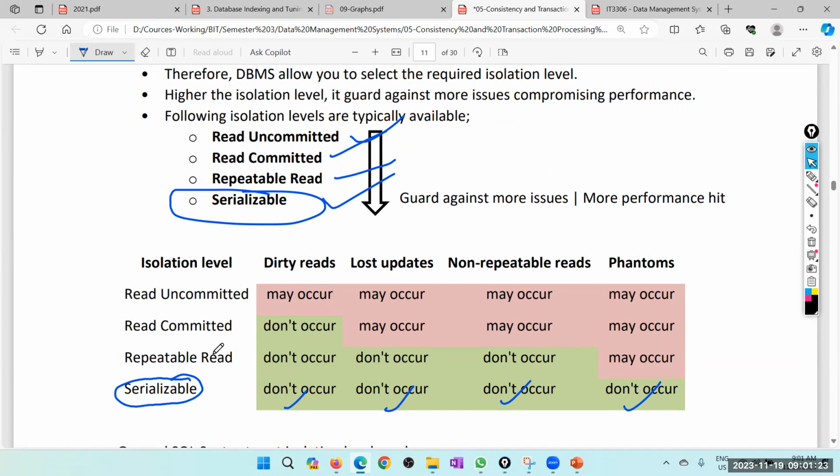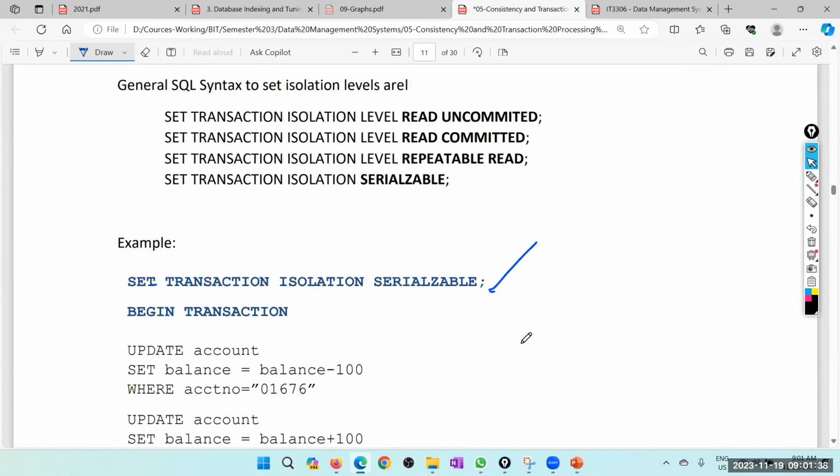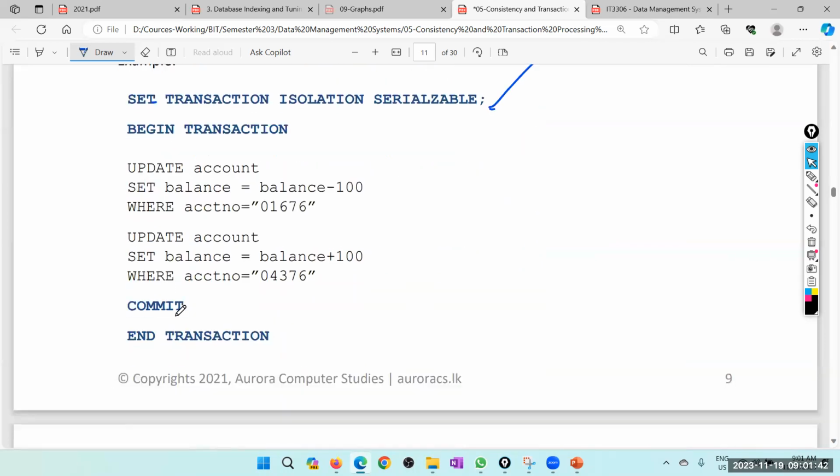You can set the isolation level in your database or in your transaction. For example, before starting a transaction, you set transaction isolation level serializable. Then you say begin transaction and you do your SQL statements.